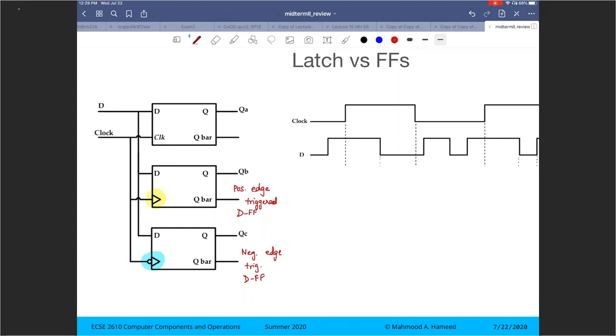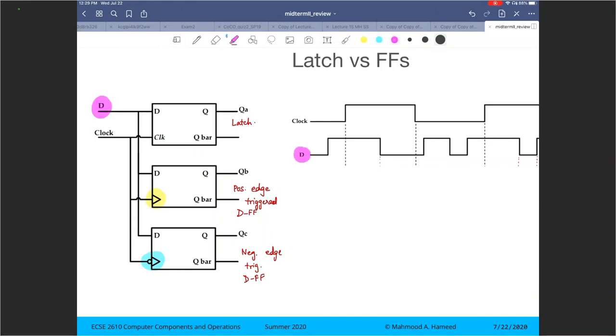It just has a CLK input or a C input, which essentially indicates that it is a latch, D latch. You are also given that these three elements have the same D input, which has been sketched over here.